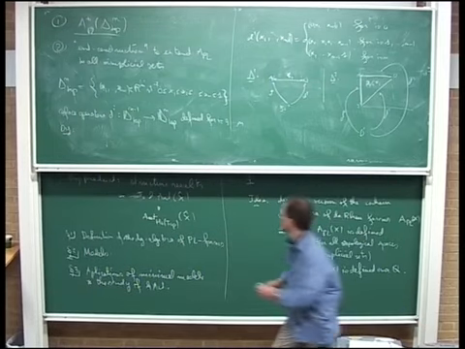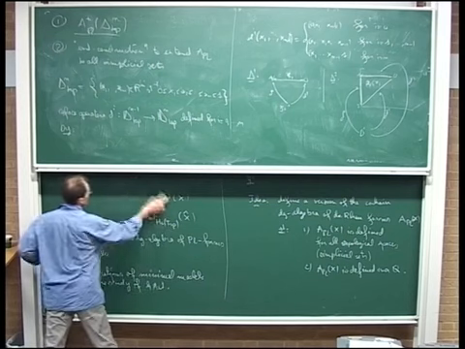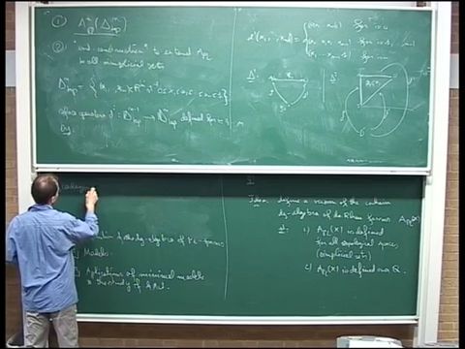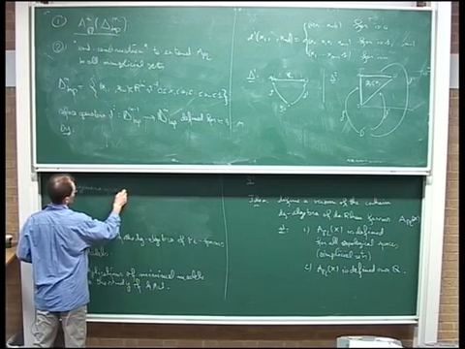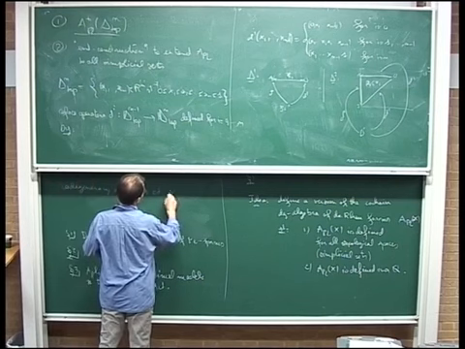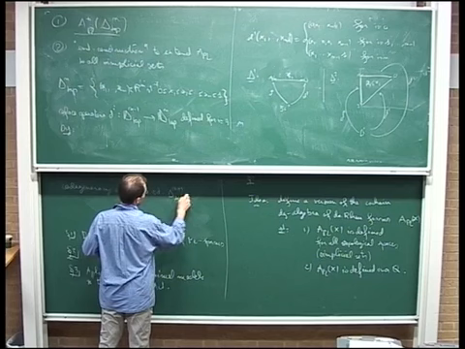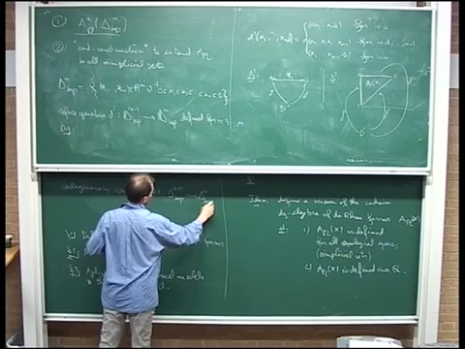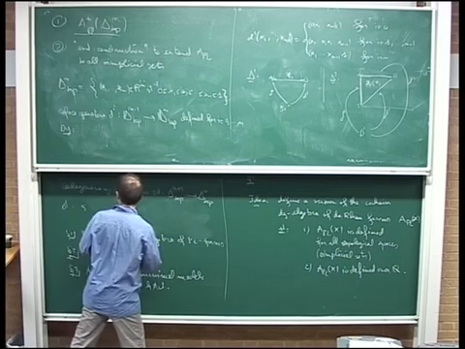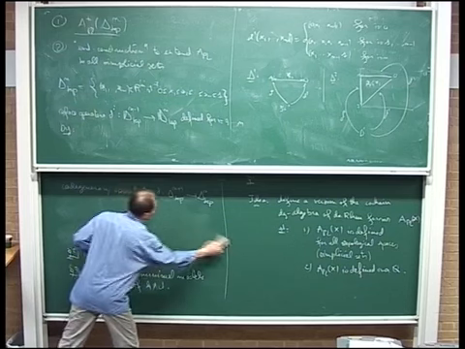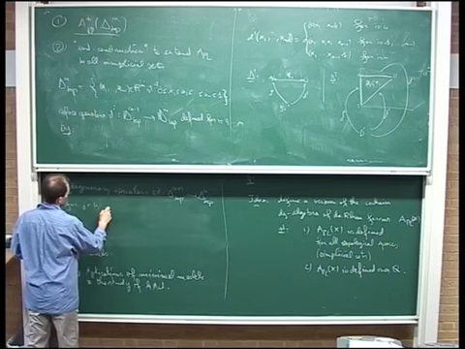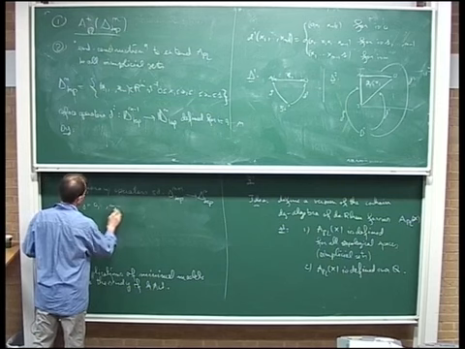Okay. So together with the coface operators, you have the codegeneracy maps, given by s_j, which goes from delta n plus 1 to delta n. And so these are defined for j equals 0 up to n.